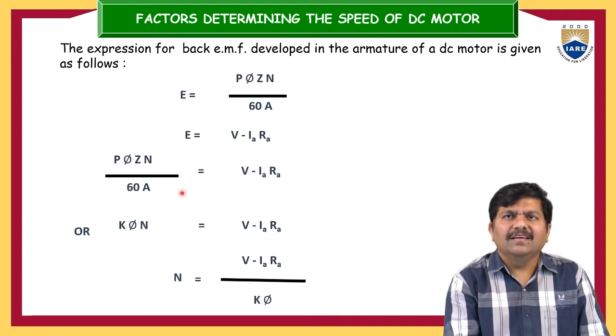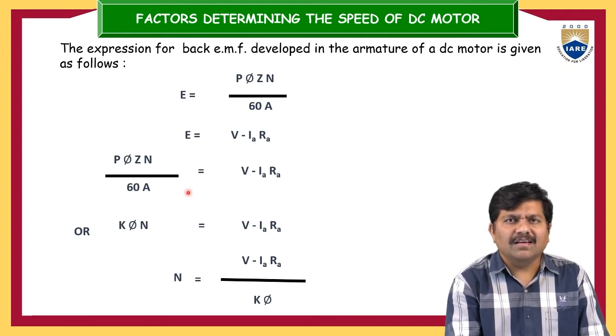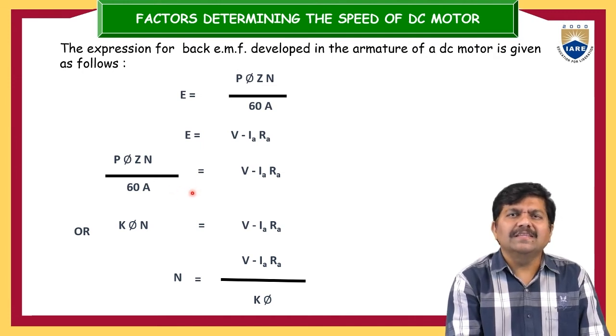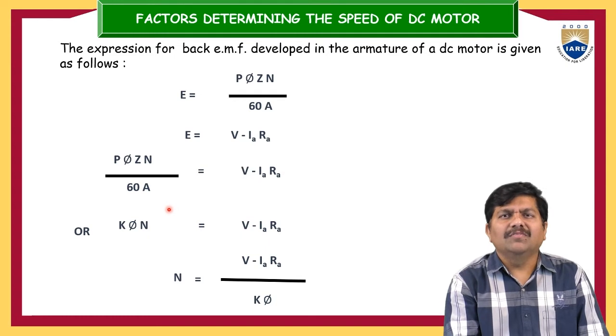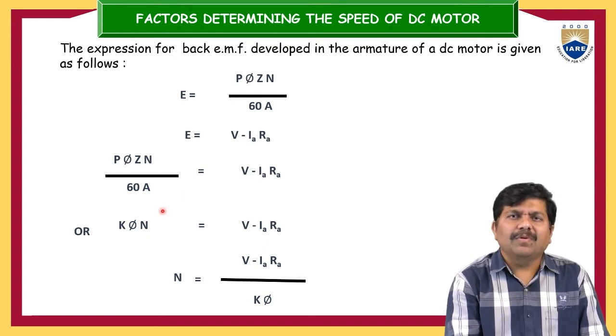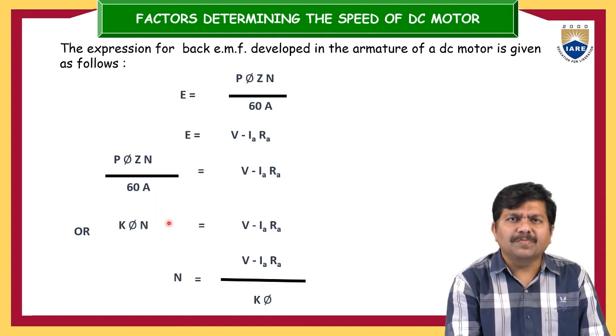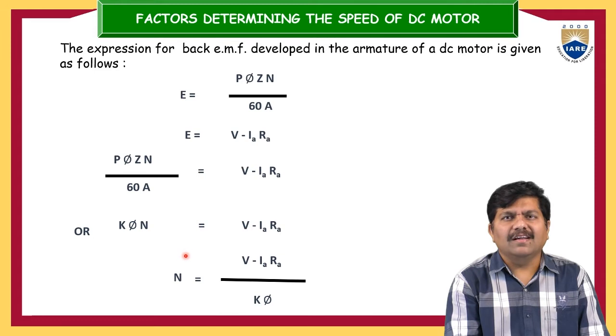Speed also depends on the load: if the load decreases, the speed increases, and if the load on the motor increases, the speed decreases. So except flux and speed, the remaining parameters can be assumed constant.